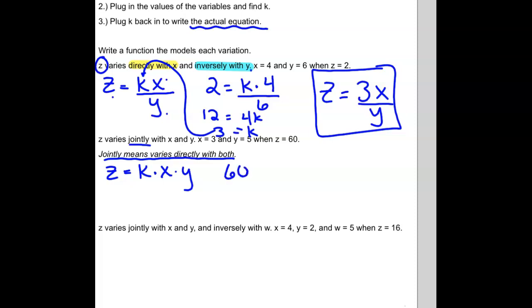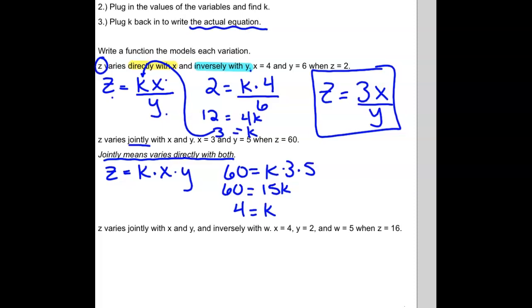So I'm going to put a 60 in for z. I'm trying to find k. We know x is 3 and y is 5. So 60 equals 15k. We're going to divide by 15 and we end up with k equaling 4. So then I go and write my actual equation. Z equals 4 times x times y.